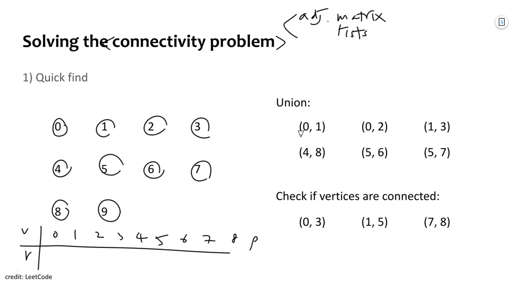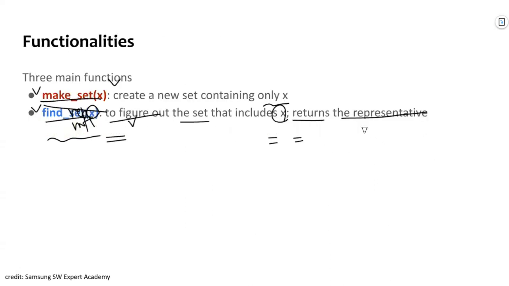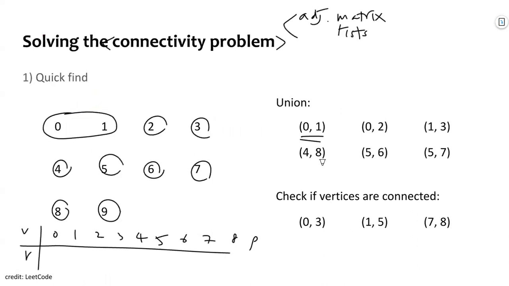And when we call union 0 and 1, what we are going to do is unite 0 and 1 like this. So 0 and 1 are going to be in the same set. And when we call union, so this one is union operation, we unite the set containing 0 and the set containing 2.